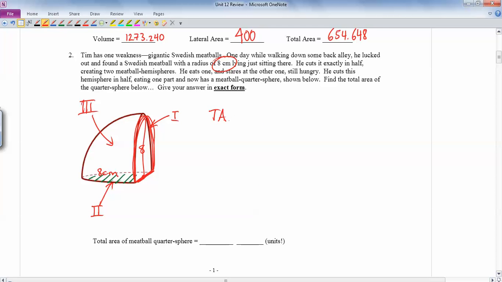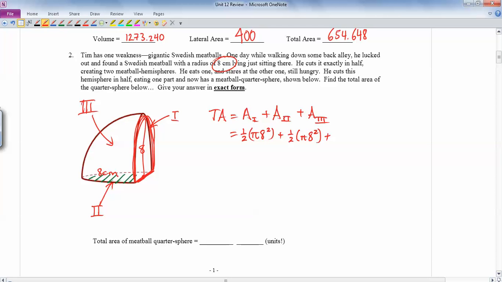So let me write this out. Total area of the quarter sphere is going to be the area of face 1 plus the area of face 2 plus the area of that curved part 3. So the area of 1, well, that's just half of a circle. So it's half pi 8 squared. And then the area of 2 is also half pi 8 squared, because it's also half a circle.